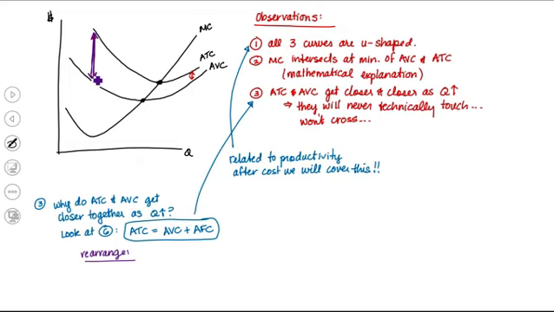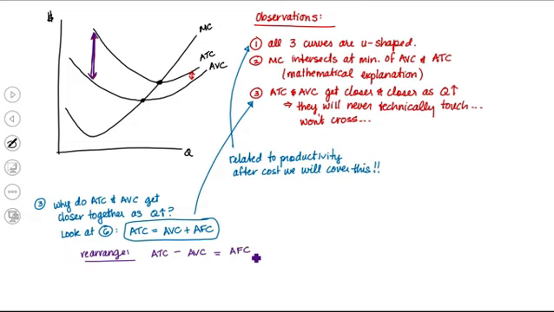Do you agree that I need average total cost minus average variable cost, the difference between the two? Everyone agree? So if I want to capture that purple distance between the two curves, I take the top one minus the bottom one. Well, according to my equation, what's that going to be equal to? Average fixed cost. Good.